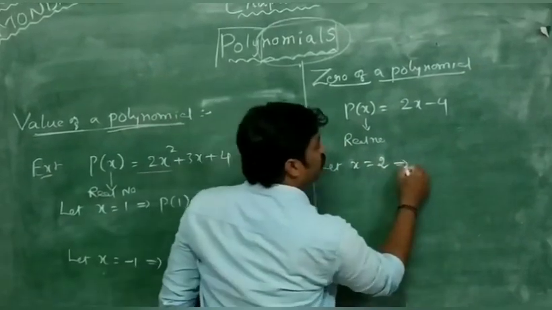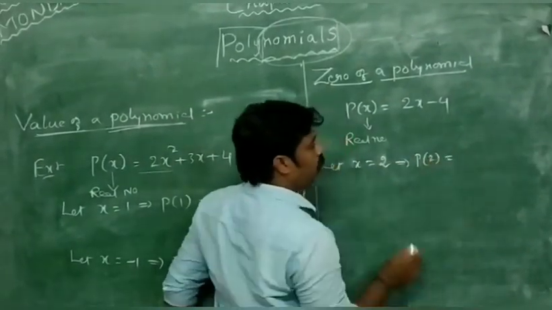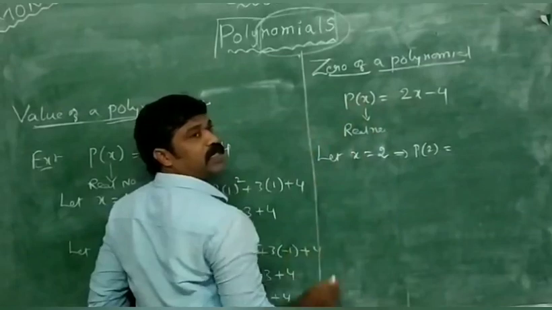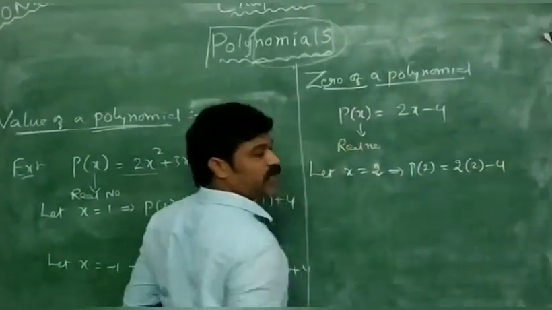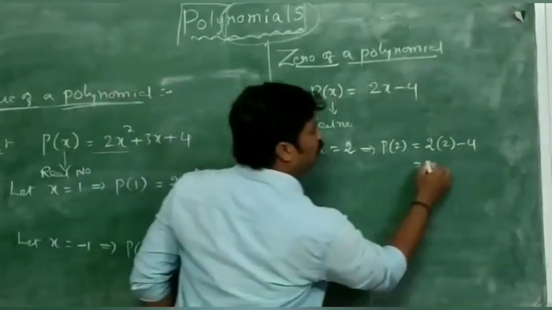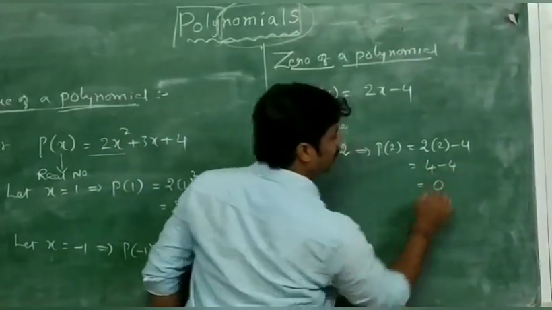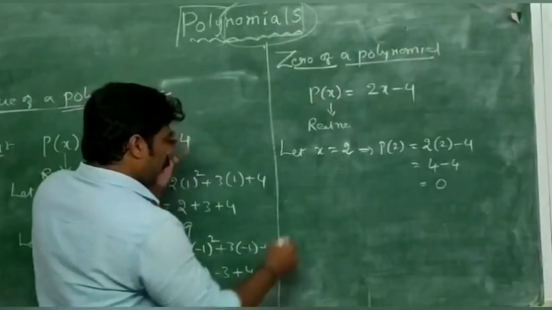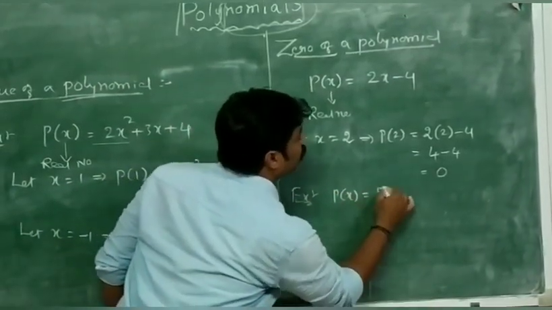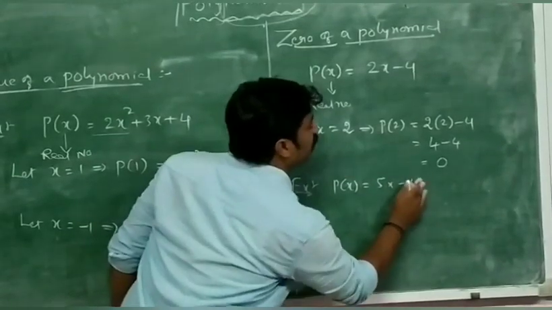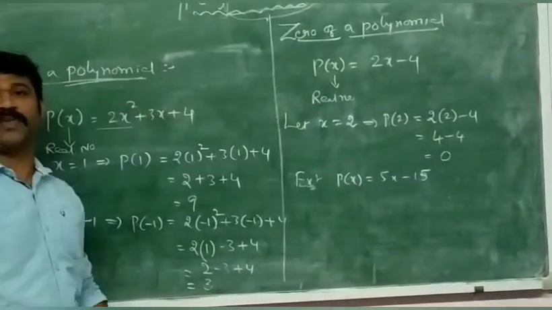Then what will you get? This polynomial becomes p of 2 is equal to 2 into 2 minus 4. So 2 into 2 is 4, 4 minus 4, you will get 0. Take another example. P of x is equal to 5x minus 15.